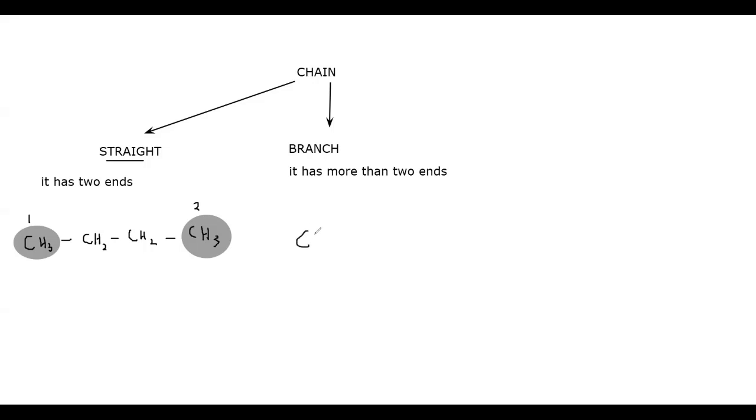So for example, we write CH3, CH2, CH3, CH2, and CH3. How many ends can you see here? This one, 1, 2, 3. So if there are three ends, we call that a branched hydrocarbon.